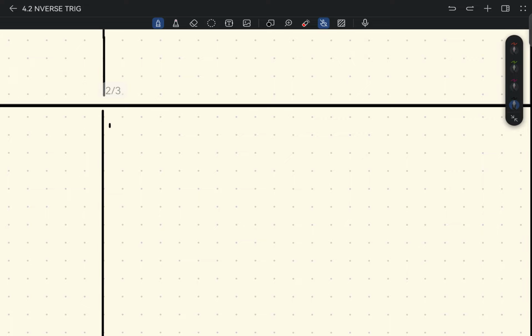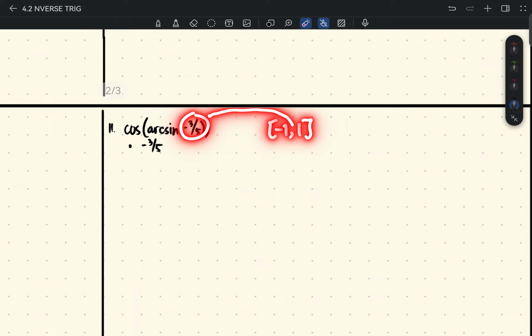Let's consider number 11. For number 11, you have cosine of arc sine of negative 3/5. First, let's check if negative 3/5 is in the domain of sine inverse. Recall, the domain of sine inverse is negative 1 to 1, and negative 3/5 is inside this. So negative 3 over 5 is in the domain of arc sine.